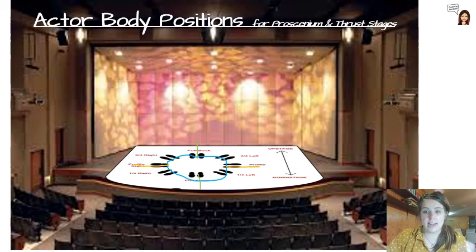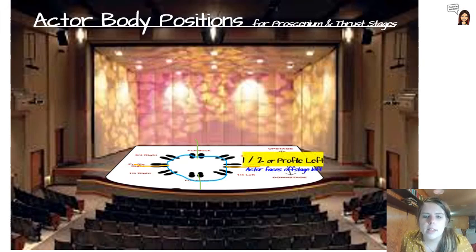I think of it as mug shots, right? When they take them, they go here and hold the sign. That's what I think of when I think of profile. We're going to start with profile left. That means the actor is facing their left, facing offstage left. They call it the half turn, but I say profile left because that's just easier to remember.